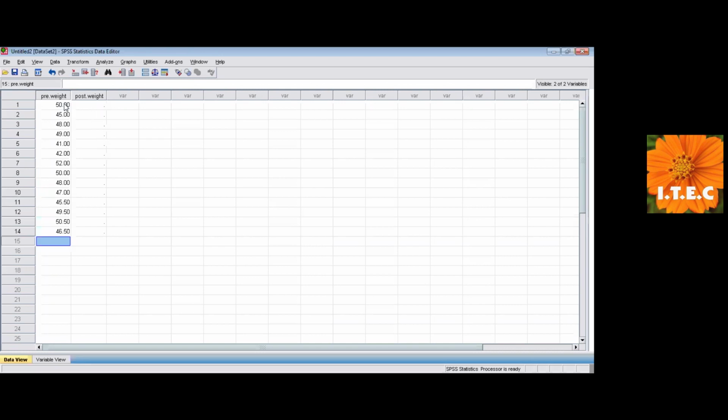Suppose the post weights are 48, 44, 48, 47, 40, 40, 48, 49, 47, 43, 44, 46, 48, and 46.